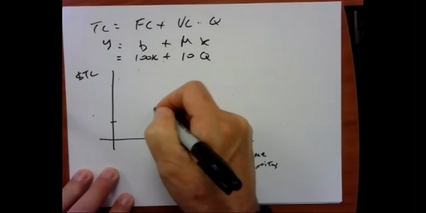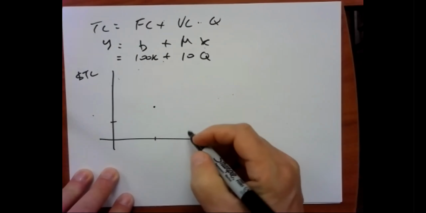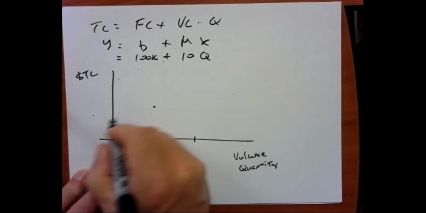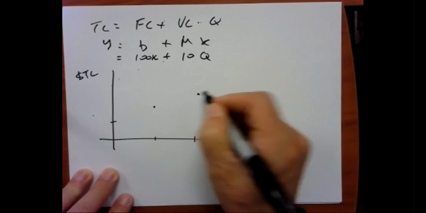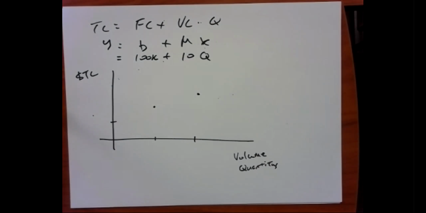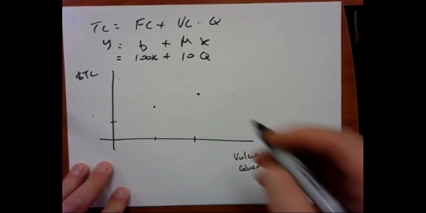At 1,000, I'm going to have some value like that. At 10,000, I'm going to have some value like that, right? At 10,000, I've got 100,000 in fixed costs and 10,000 times 10, 100,000 in variable costs, so a total of 200,000, right?